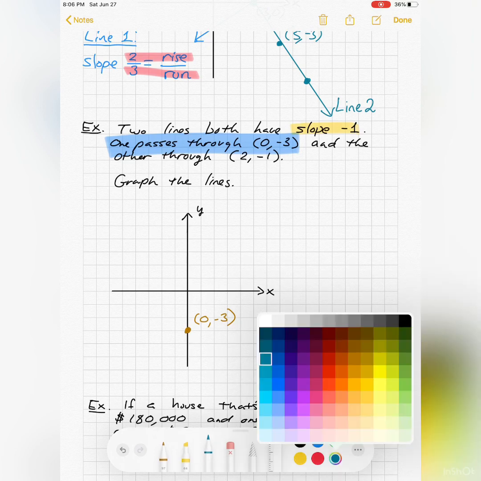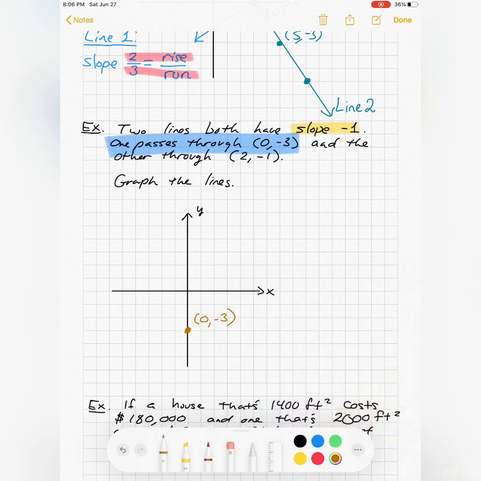Okay, so remember what that meant. If the slope is -1, that's -1 over 1, right?